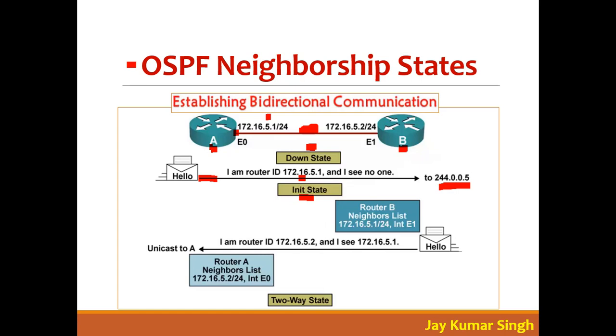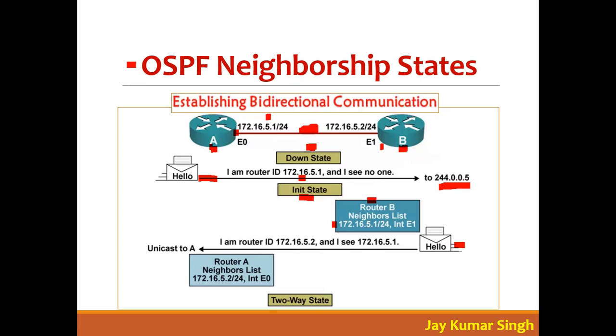So once the hello message is received by router B, it keeps the information of router A in its neighbor list, and says I have one neighbor, 172.16.5.1, and it is connected to me via Ethernet 1.